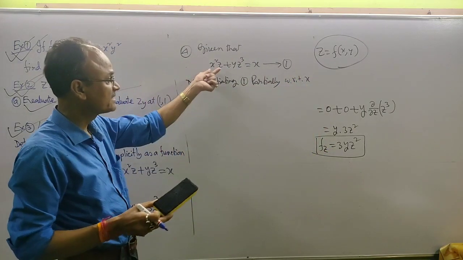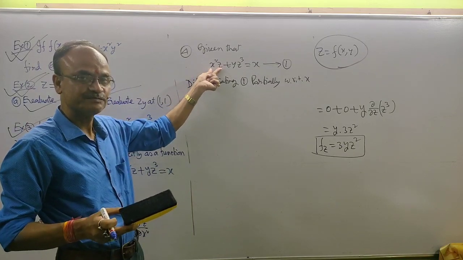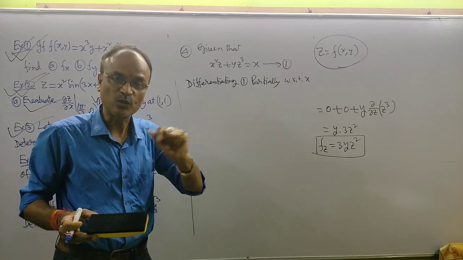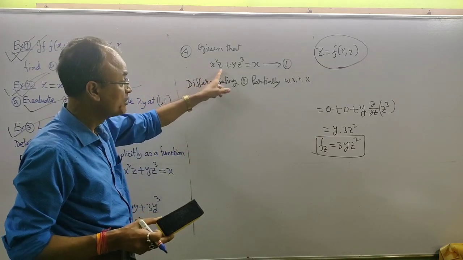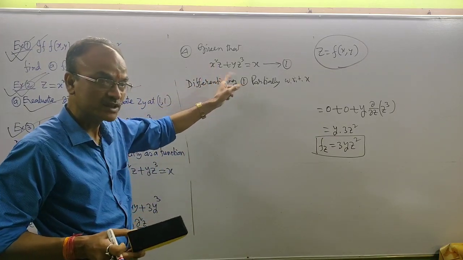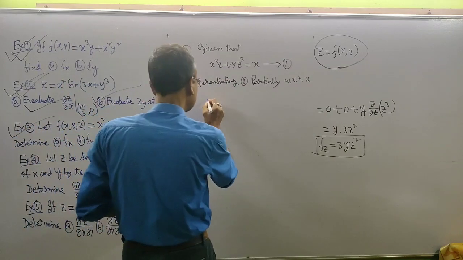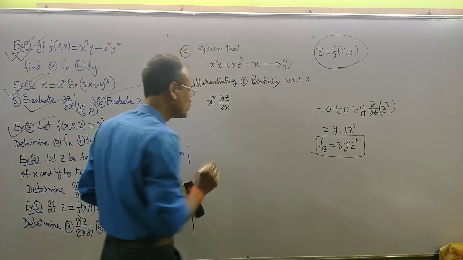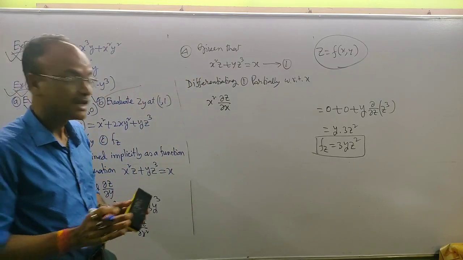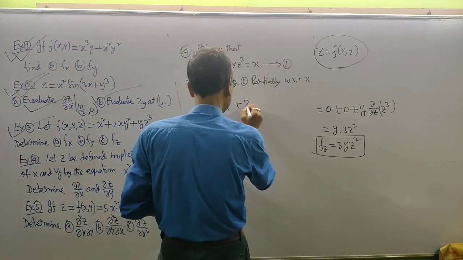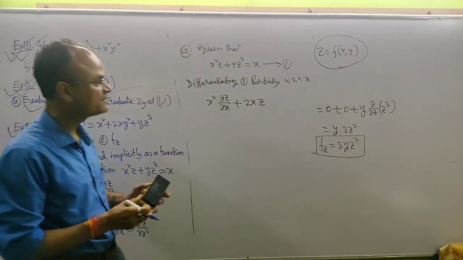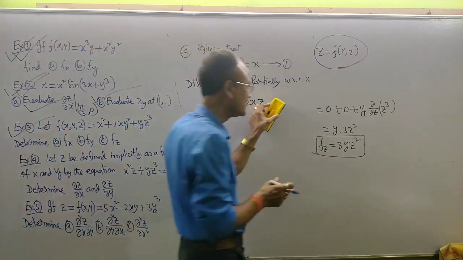If you differentiate this x square z, mind that z is a function of x and y. Therefore, x square z will be a product function. First function x square into differentiation of the second function del z by del x, plus differentiation of the first function, twice x, into second function z.